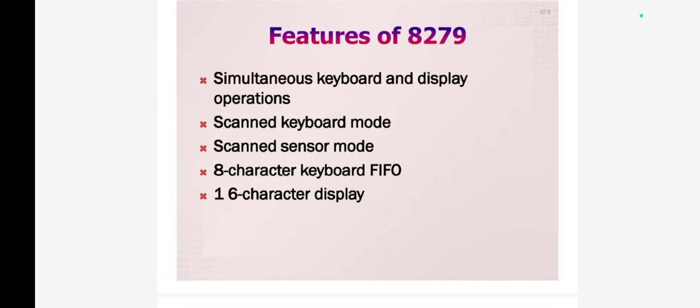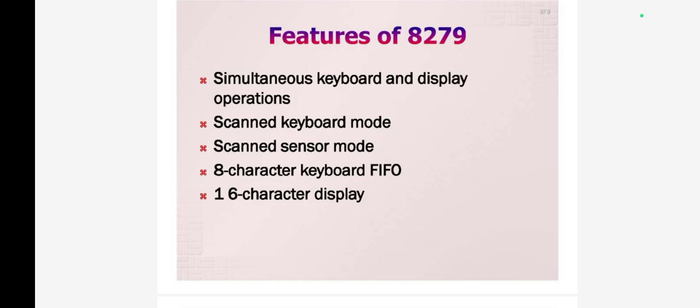Intel 8279 is a general purpose keyboard display controller that simultaneously drives the display of a system and interfaces the keyboard with the CPU, that is the microprocessor, leaving it free for its routine work.